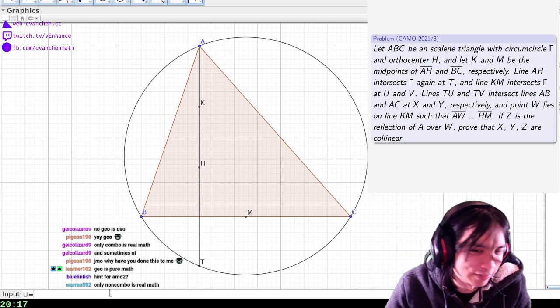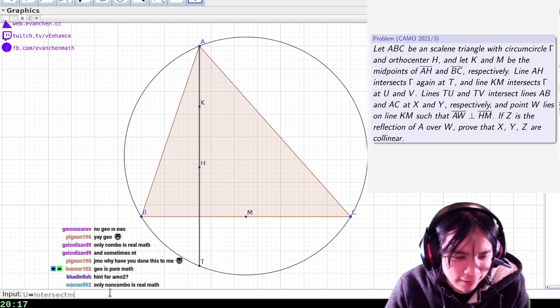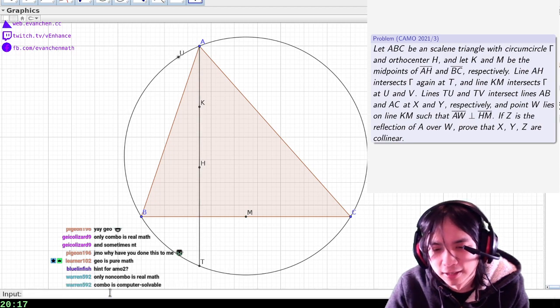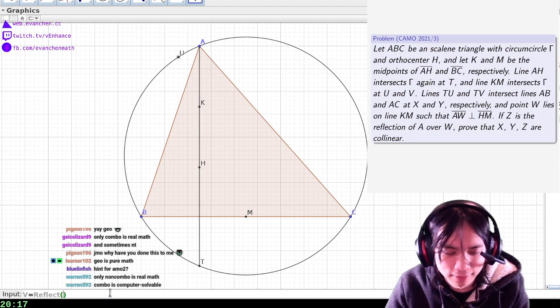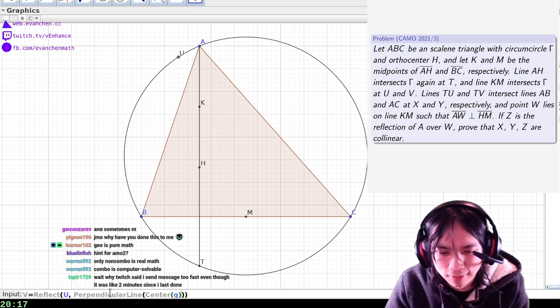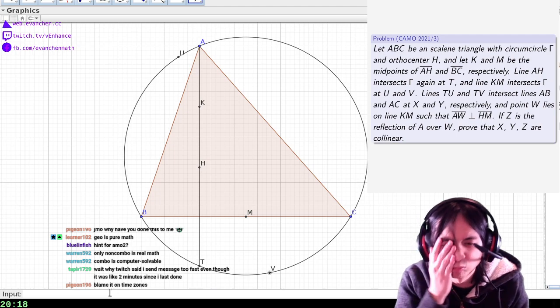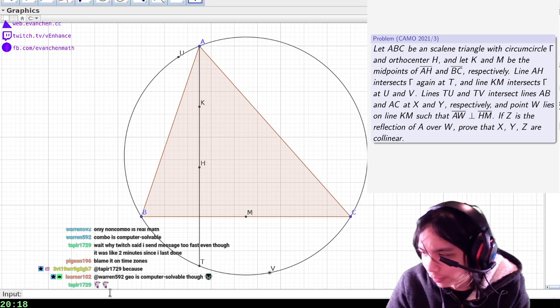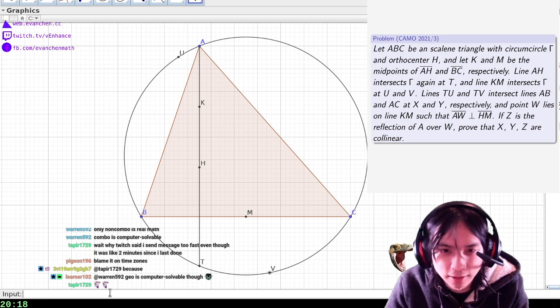So we'll let U be the intersection of ray MK with gamma, and V be the reflection of U across the center. There we go. Okay, so UV, apparently. And then TU and TV intersect AB at X and Y.